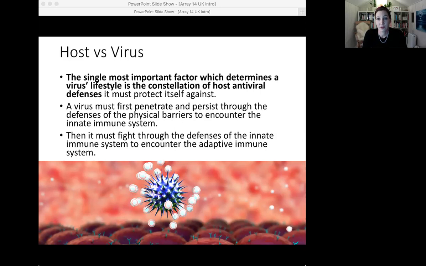So phagocytes, of course, break down the virus into small pieces in order that they can do antigen presentation. And in the process of breaking it down, if it hasn't already been disabled by the mucosal layer, the mucus layer, then phagocytes have the ability to break it down and disable it.